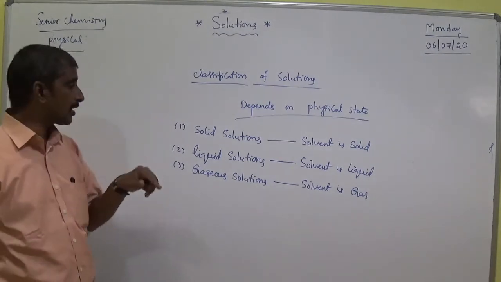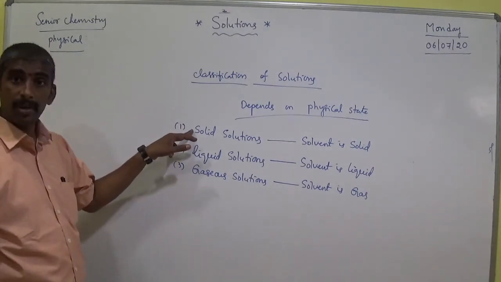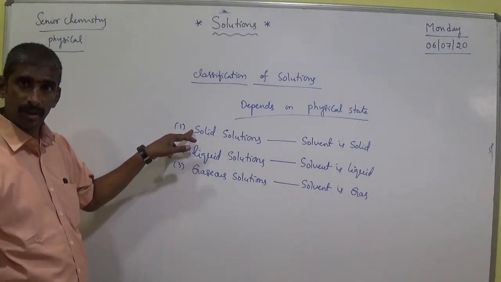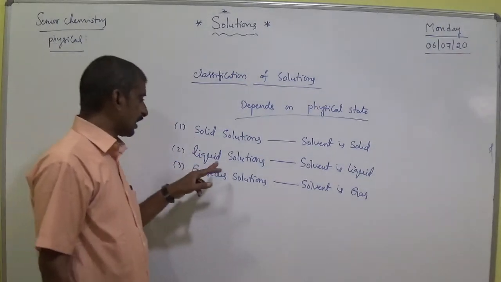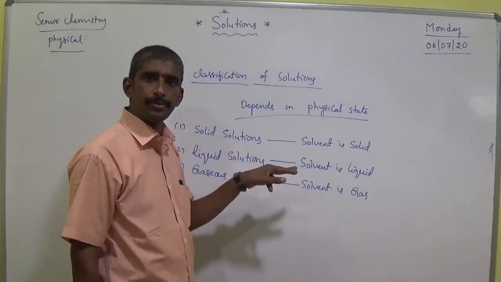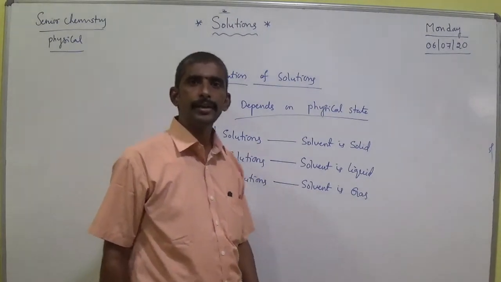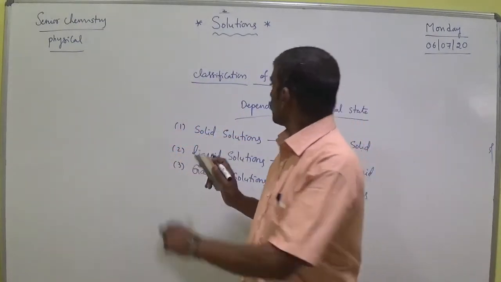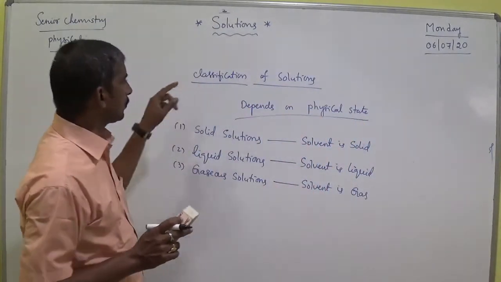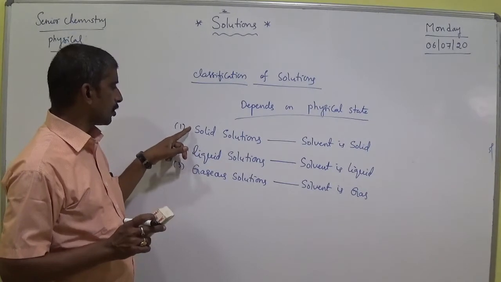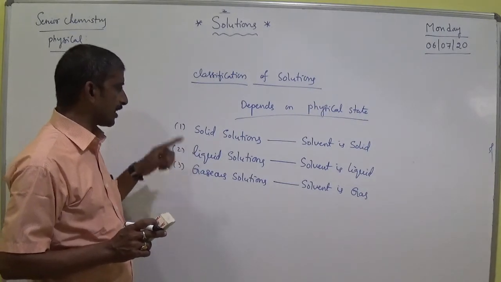Again, further, solid solutions can be classified into three types, liquid solutions classified into three types, and gaseous solutions classified into three types. So anyway, depending on physical state, solutions can be classified into solid solutions, liquid solutions, gaseous solutions.